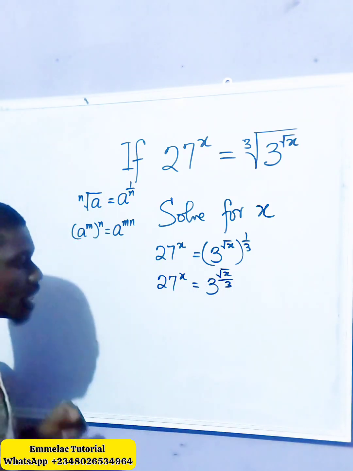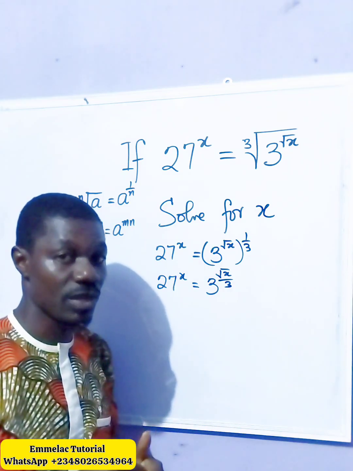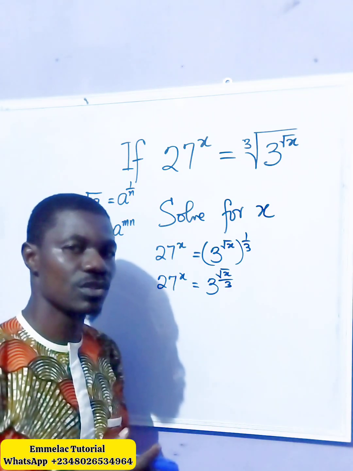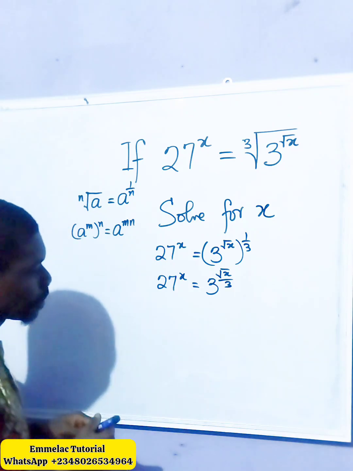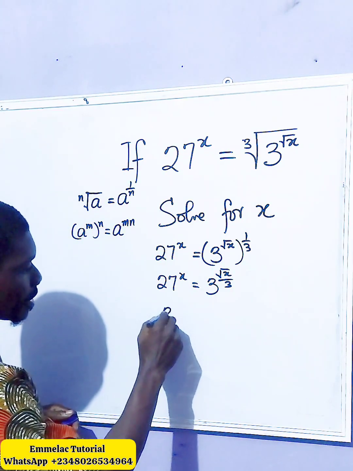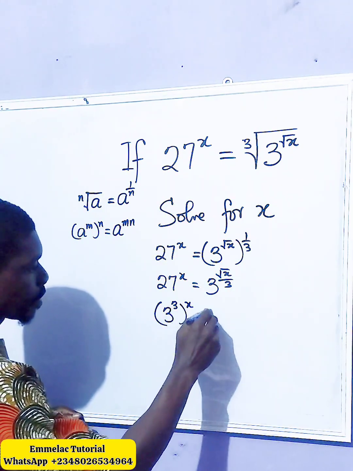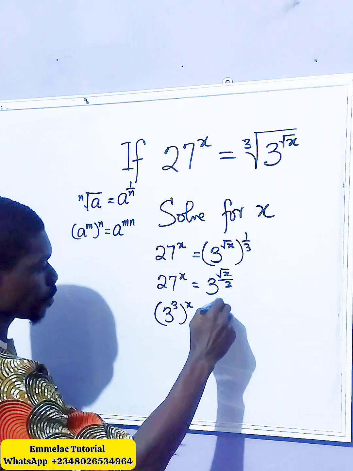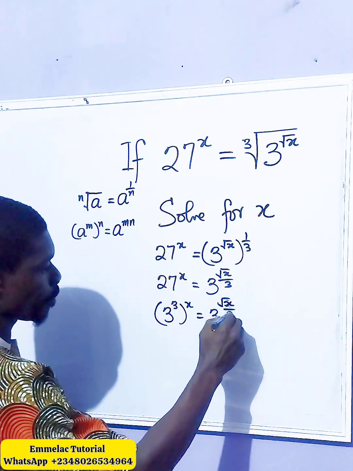Now, since on the right hand side we have a base of 3 and on the left hand side we have a base of 27, we can reduce 27 to a base of 3. By so doing, we have 3 raised to the power of 3, raised to the power of x, equals 3 raised to the power of the square root of x all over 3.